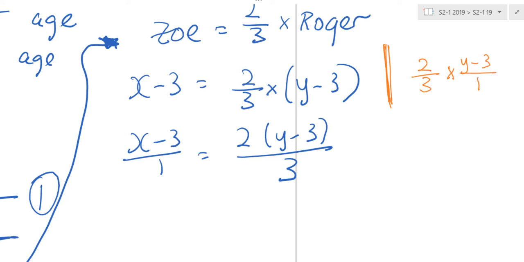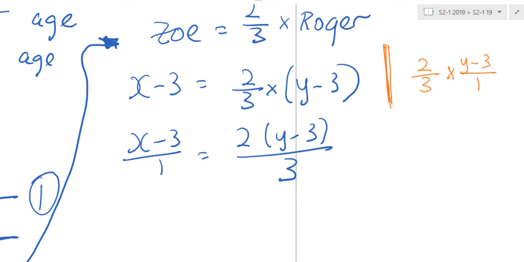This one actually means 2/3 times y minus 3 over 1. If I have 2 fractions multiplied, it means top times top, bottom times bottom. That's why I have this.